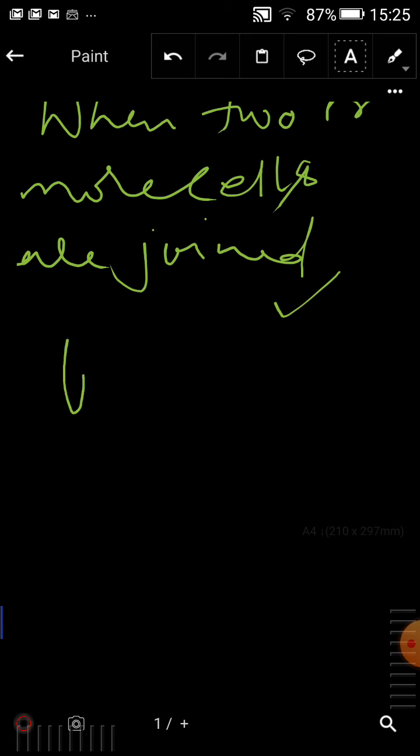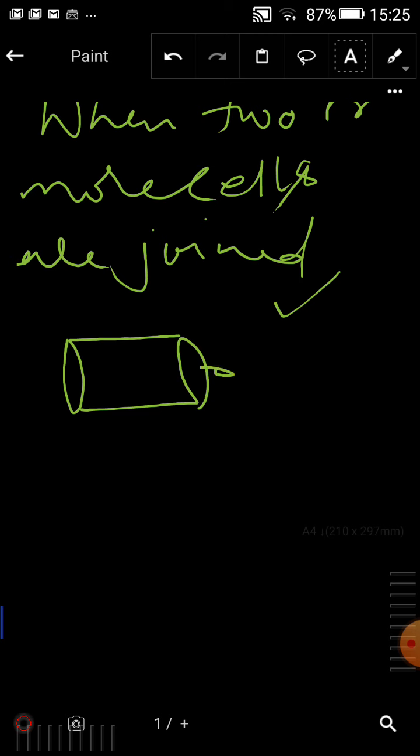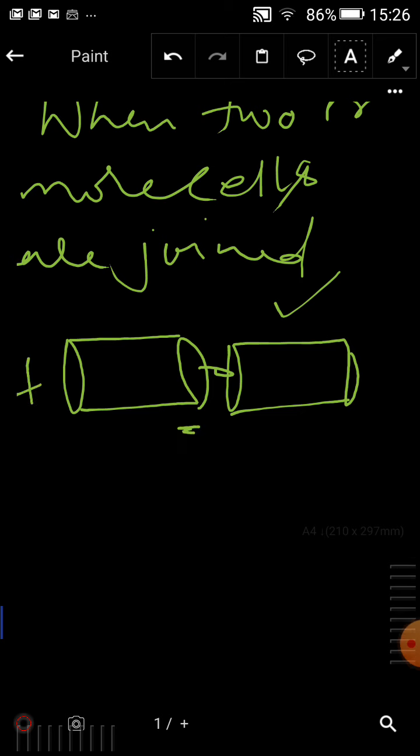Once you see this, these are two cells joined with each other. This is the positive terminal and this is the negative terminal of the first cell. The positive terminal of the second cell can be joined with the negative terminal of the first cell.